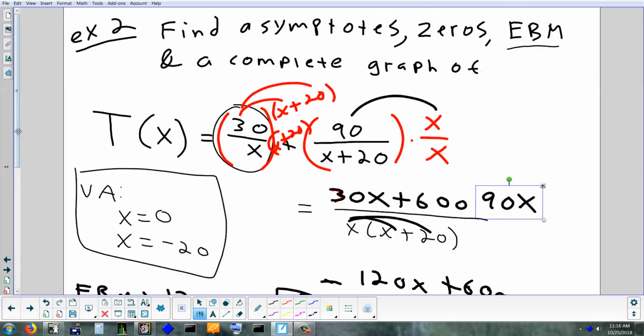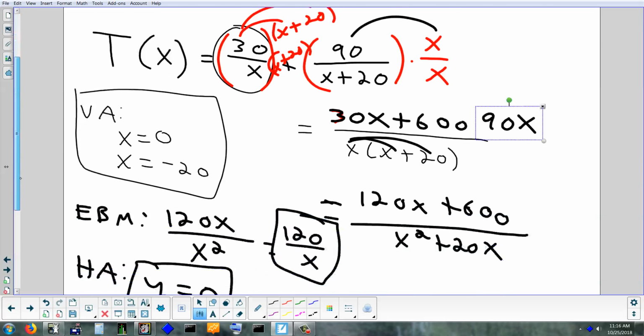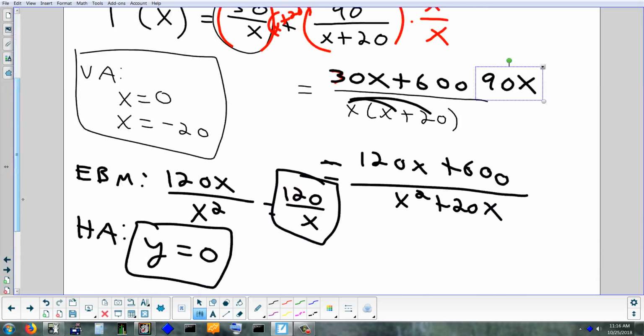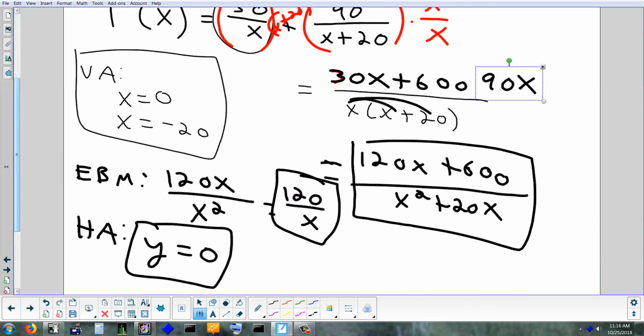So if you're trying to find where you cross the x-axis, let y equal 0. So easiest one to look at, I think, is writing it like this. That's equal to y, or f of x, whatever you call it. That's y.